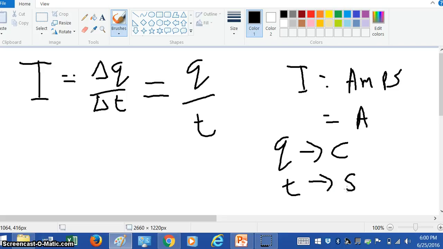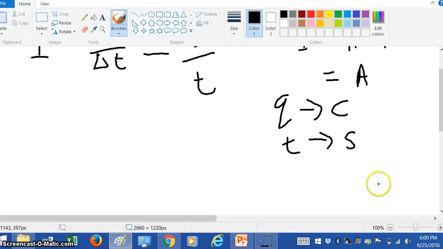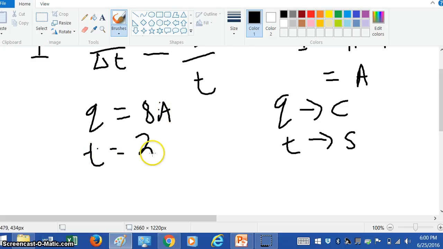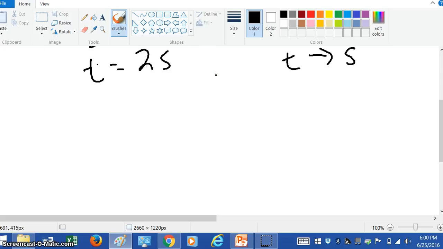All right, so a very quick example would be, let's say Q was 8 coulombs, and the time is 2 seconds. That's pretty simple as far as examples go, but it really doesn't get much more complicated than this.